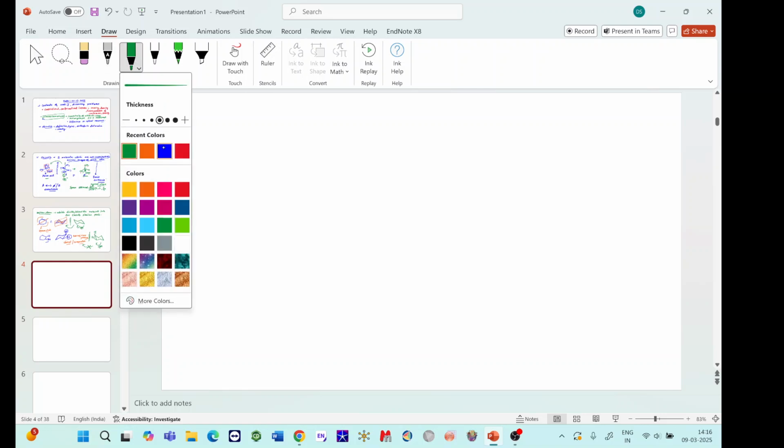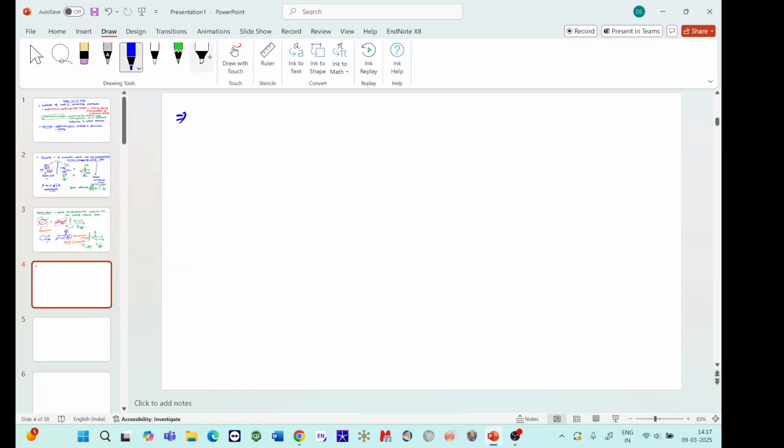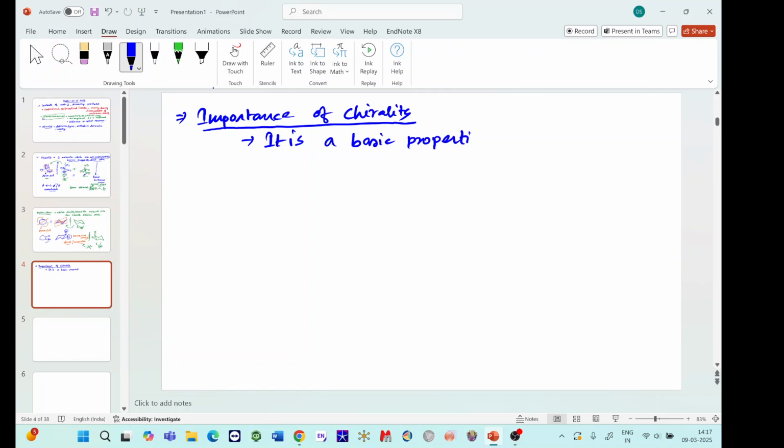So we need to study the importance of chirality. It is a basic property of molecules found in nature.